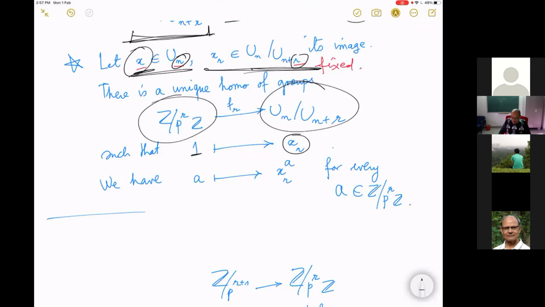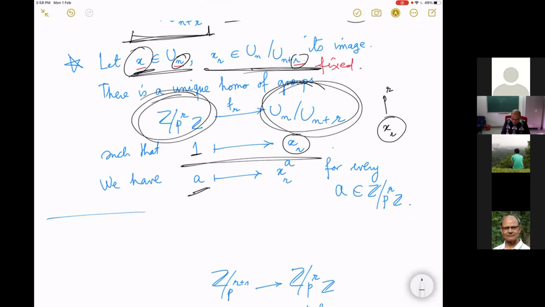I'm not saying anything you do not know, because all I'm saying is that if I have a cyclic group of order p to the r and an element x_r in that cyclic group, there's a unique map from the standard cyclic group Z modulo p^r, sending 1 to that element. And what does it send an arbitrary element a of Z modulo p^r Z to? It sends it to x_r to the power a.